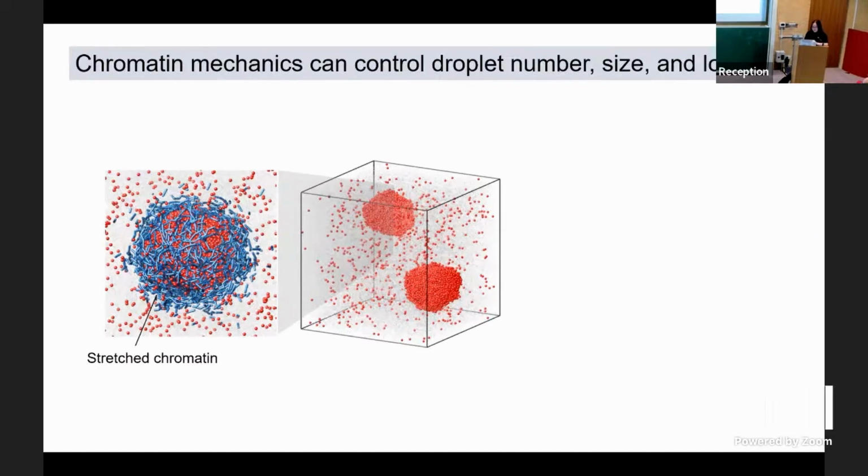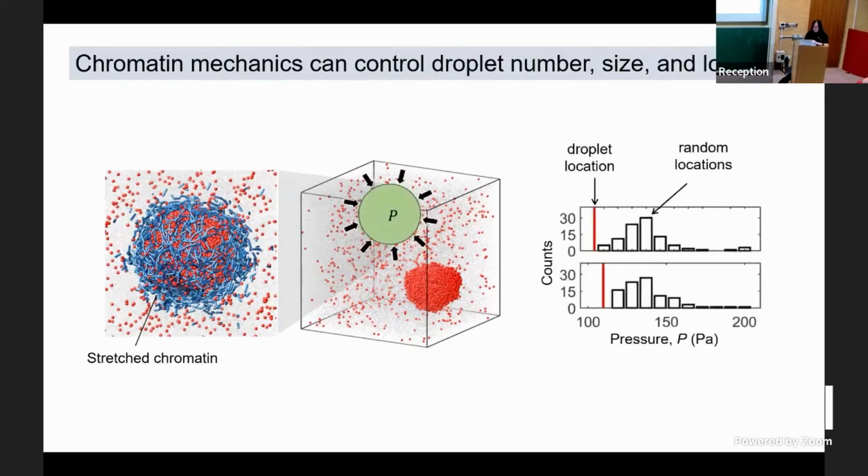The other question that we ask is, where do the droplets form? Do they form randomly? When we see the droplet, are they just in random locations, or are they really formed according to the local mechanical environment?